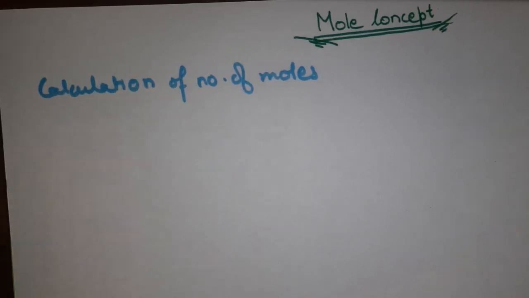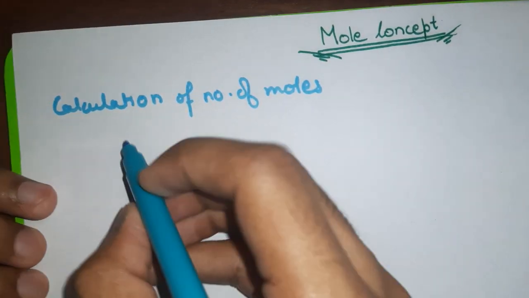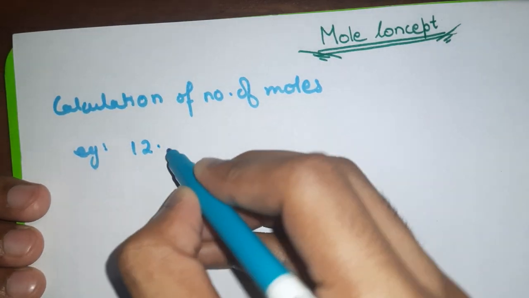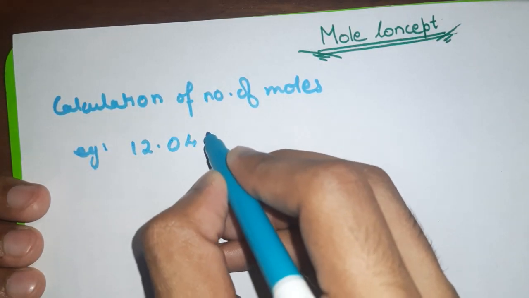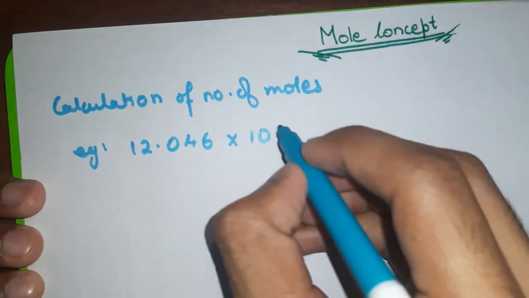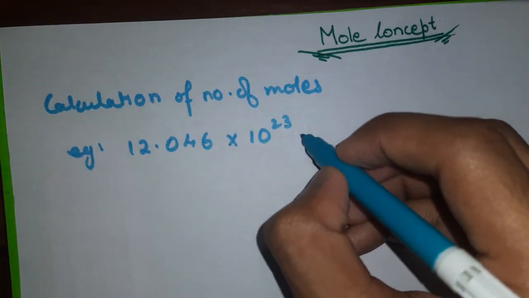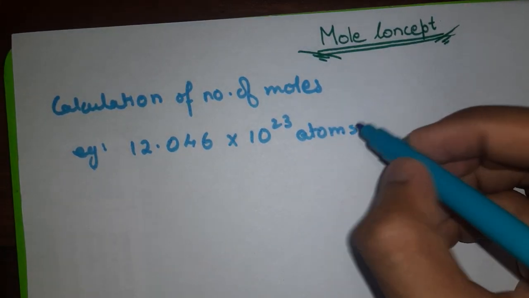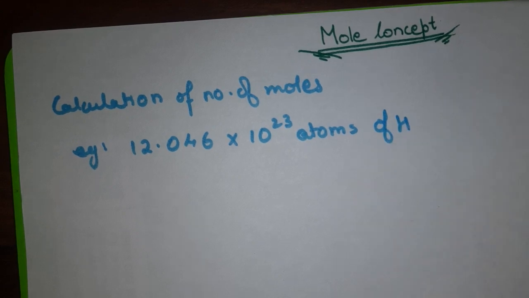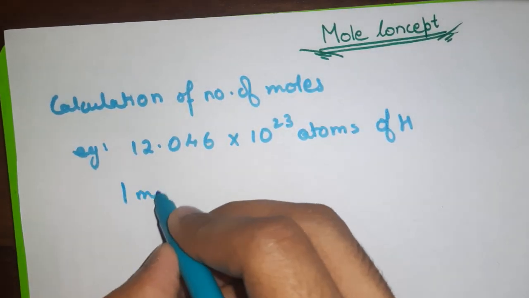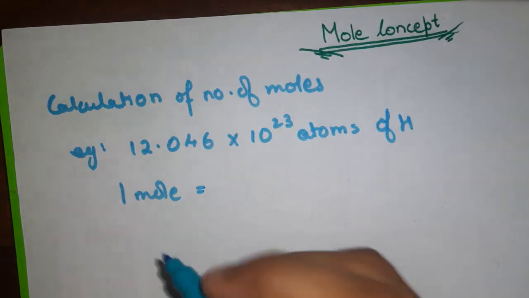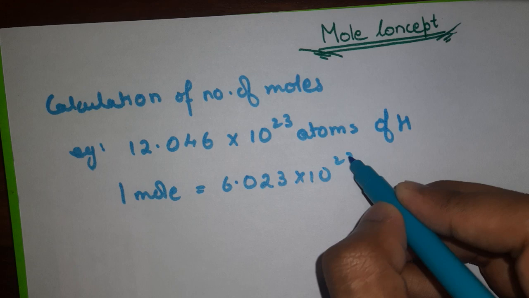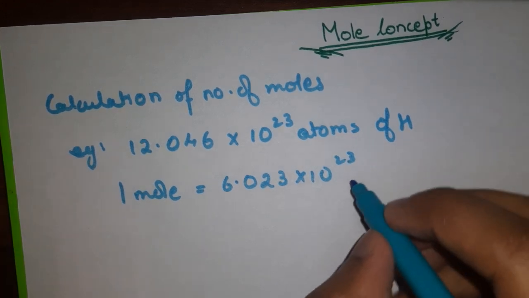In the same way, think about it in the same way. Let's just say an example, if I have 12.046 into 10 raised to 23 atoms of hydrogen, and 1 mole of anything is 6.023 into 10 raised to 23, right?